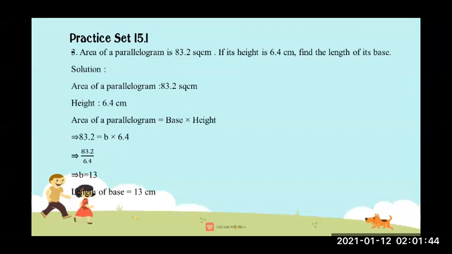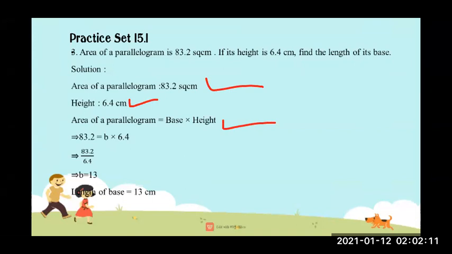Now solution. Whatever is given, we will write first. Area of a parallelogram is 83.2 square centimeter. Height is 6.4 centimeter. We have to use the formula of area of a parallelogram: area is equal to base into height.